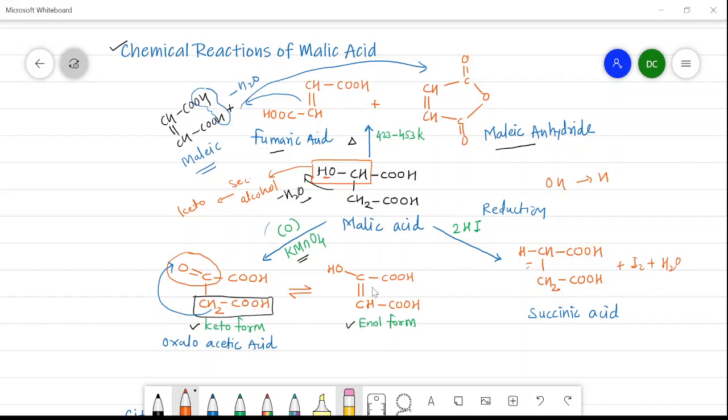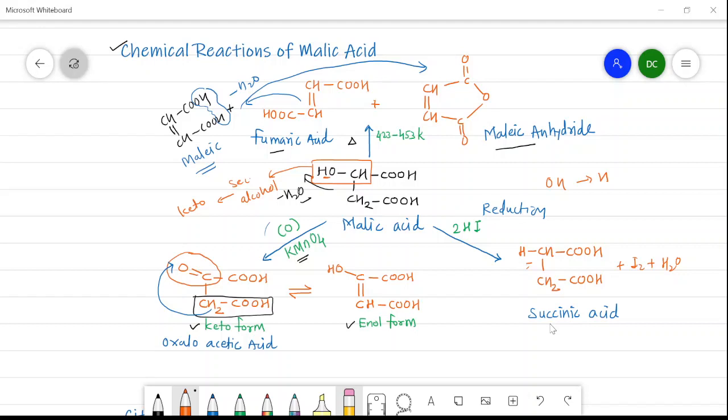So in this way, malic acid shows a formation of fumaric acid and malic anhydride when it is heated. It gives oxaloacetic acid upon oxidation, and upon reduction, it will give succinic acid as a product. This is all about malic acid, its methods of formation and chemical reactions.